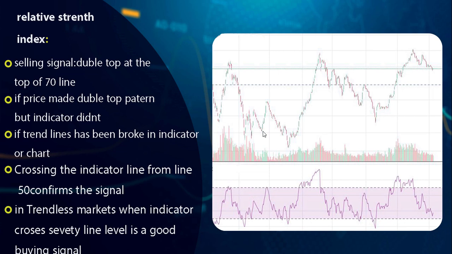Also, if the trend line has been broken in this indicator, it is a selling signal. For example, here at this point, we can see a line that attaches these three points has been broken at this point, and here we have a selling signal, but it is very late to get a sell position.